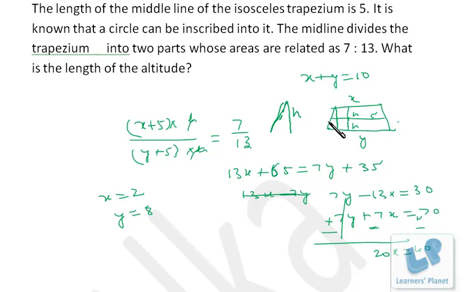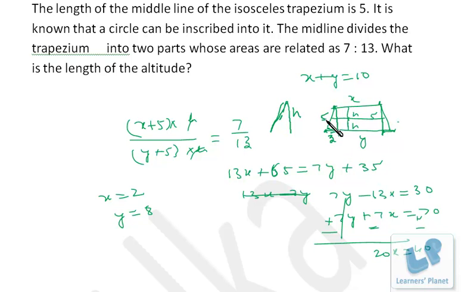I just draw it over here. This is 5. This length from here to here will be 2 because x is 2. The entire length from this point to this point is 8, and these two portions will be equal. So if this is 2, this plus this must be 6, and these two are also equal, so it must be 3.